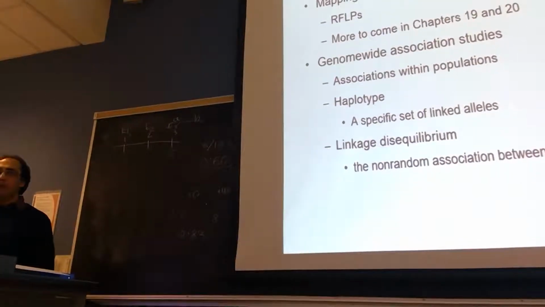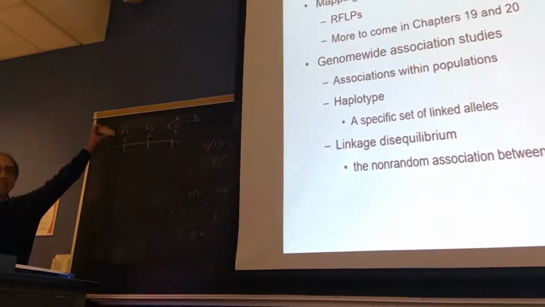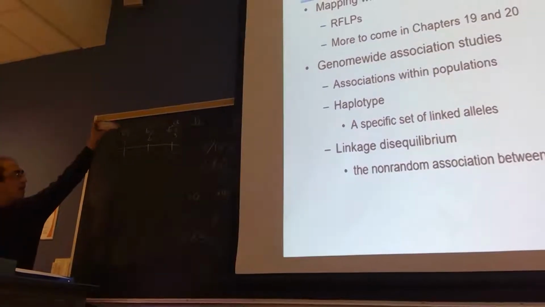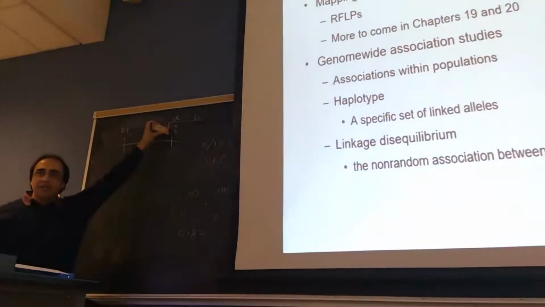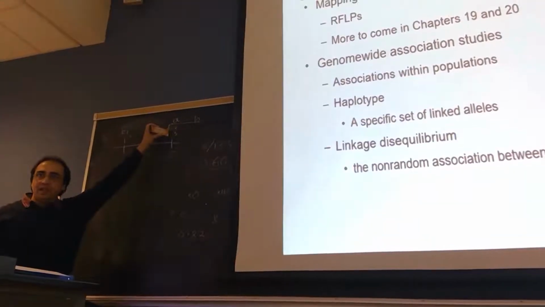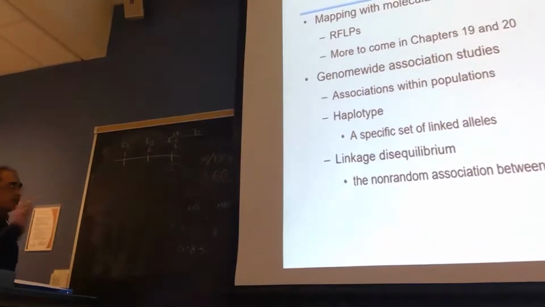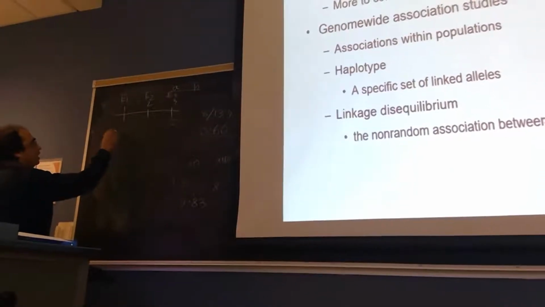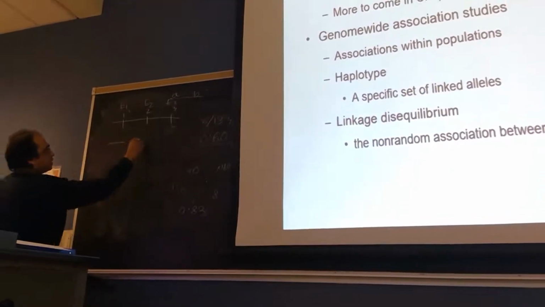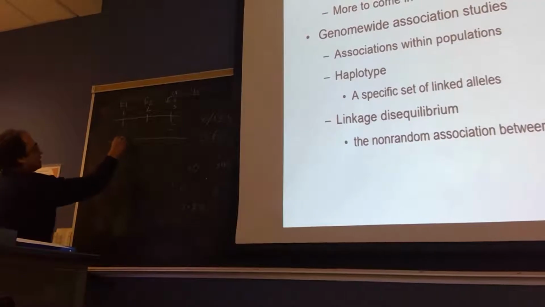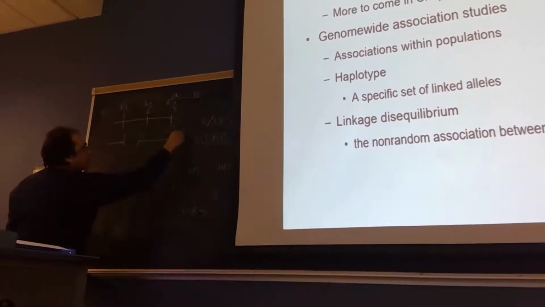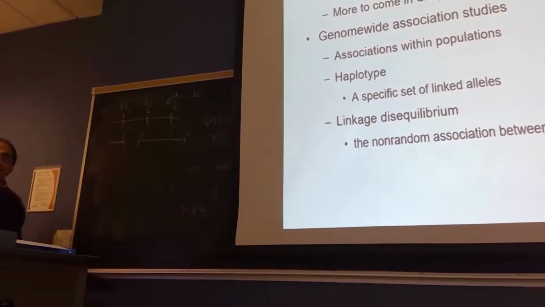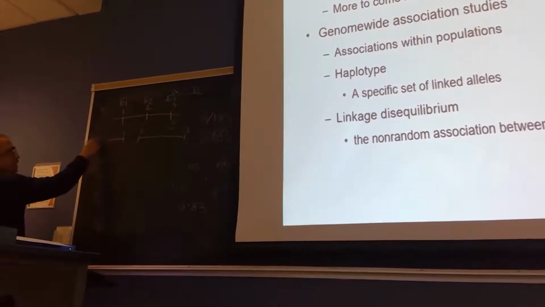In one test tube, I added enzyme 1. In another test tube, I added enzyme 2. In another test tube, I added enzyme 3. Not together. In such a case, in the first test tube, I will get this fragment. This is 1. This kind of fragments, treated with enzyme 1.